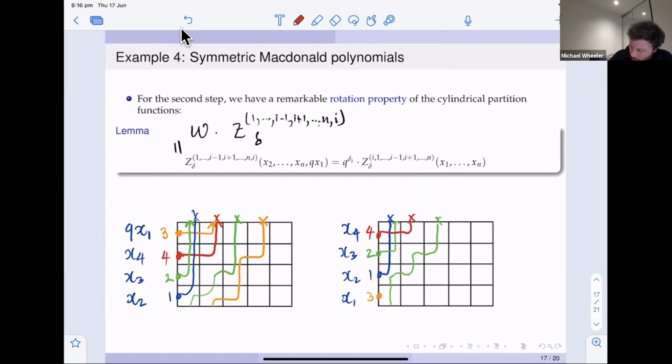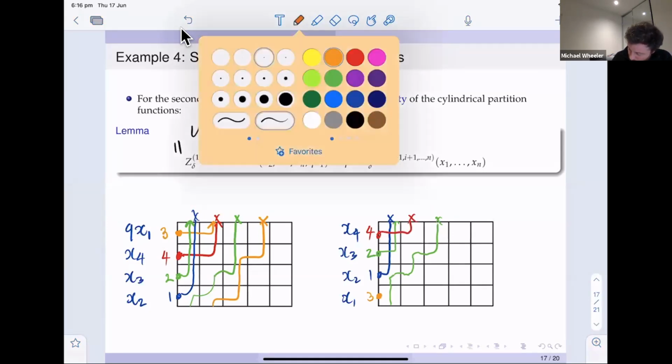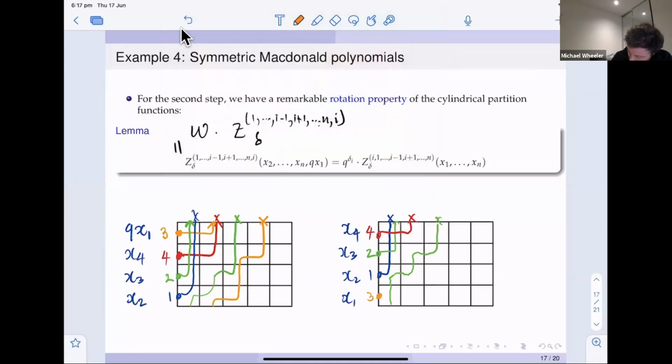And the orange line will now, so previously it wrapped around the cylinder here, but when you actually turn it around, that wrapping sort of goes away. And now it will just end up doing something like this, if I've done the wrapping correctly.